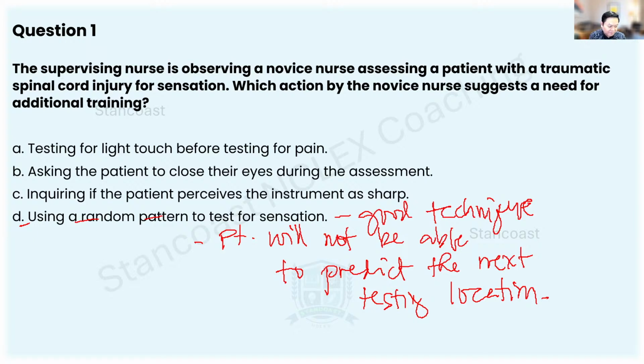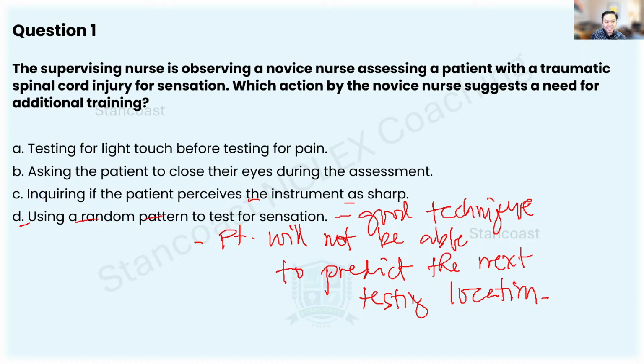I'm a little confused about the wording of C. Inquiring if the patient perceives the instrument as sharp. This is basically asking the patient, hey, do you think this is sharp? Or in another test, do you feel this as a light touch, or do you feel the cotton ball touching your skin?